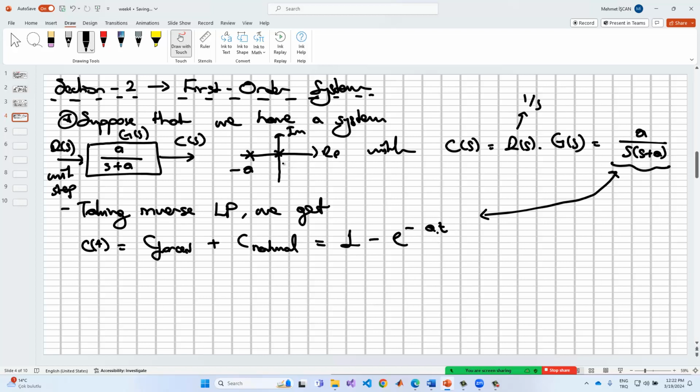And so we have also one more root in here, just like this one, but this is coming from the input value, okay? And so this is R(s), and this R(s) adds this one value in here, okay? But the transfer function cannot contain this value. But if we apply any time dependent signal into this one, this C(s) is affected by this nature, and so this is called the forced response, okay?